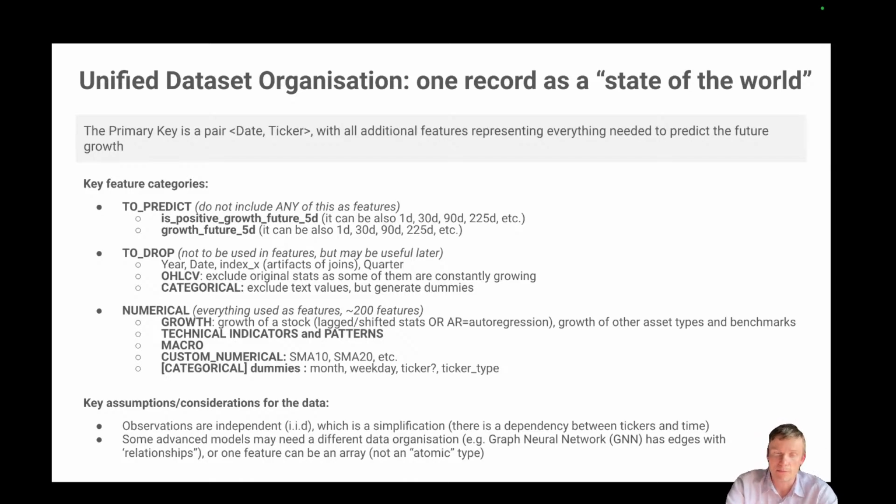There are some key assumptions and considerations for the data, especially if you studied statistics and econometrics. Oftentimes people assume that observations are independent and identically distributed, which is certainly a simplification because we have a dependency between tickers, so it can be close on business companies, and between time.